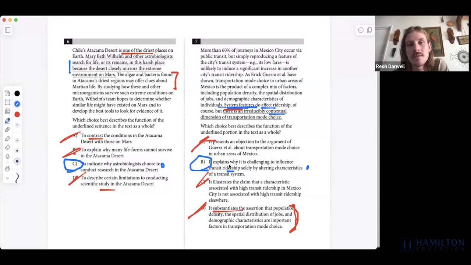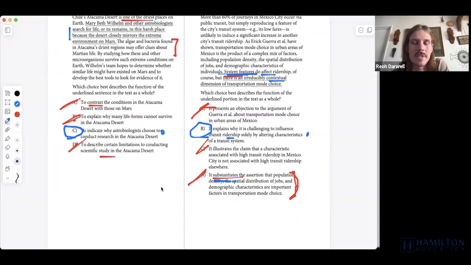This is kind of a silly question and a little difficult to navigate, but once we think of it logically and move through our answer choices and see what they really say, it's pretty easy. It's a good example of questions in which even vocab is relevant, even when we don't have a word-in-context question. It'd be hard to get rid of D if you didn't know what substantiate means.